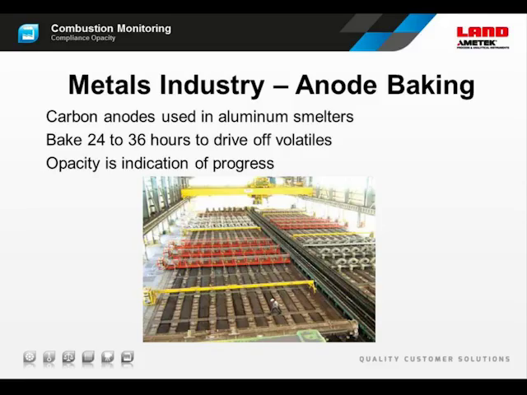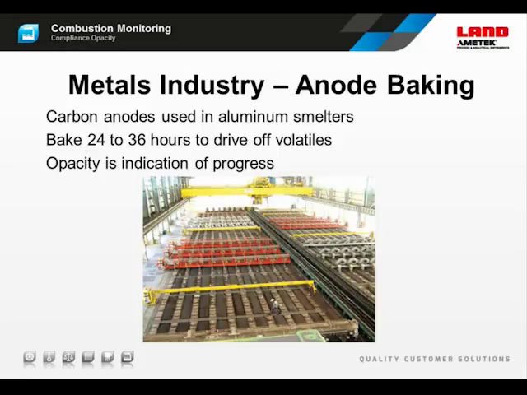And we've got a nice application, just to wrap up, for the 4200 Plus in anode baking, which carbon anodes are used in aluminium production, and these have to be baked for a period between 24 and 36 hours to drive off volatile components.